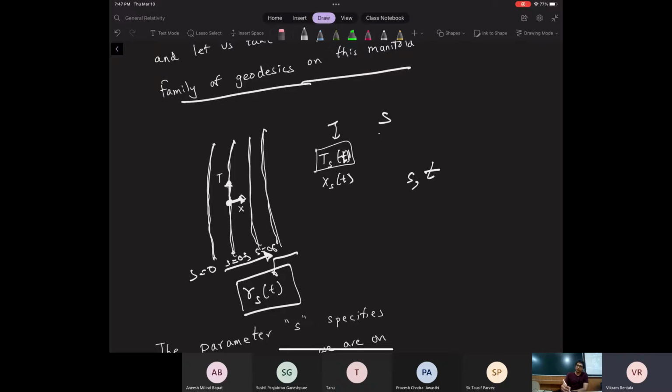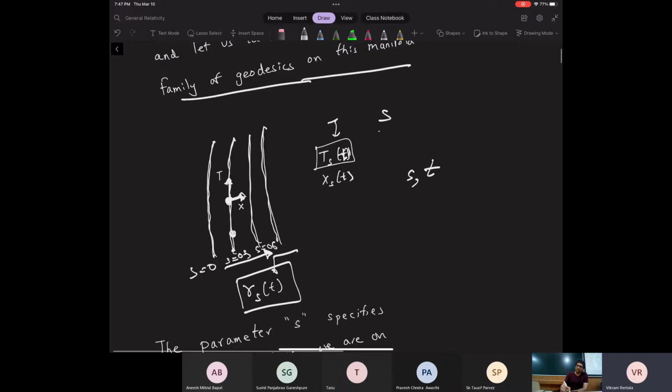So at a geodesic parameter t, I'm at this point on the geodesic. At an earlier t, I would be here. At a later t, I'm over here. And this is the tangent vector at that particular t and for that s. So again, s is my coordinate for switching from one geodesic to the next, and t is my parameter following a geodesic. As I follow the geodesic, I vary my parameter t.